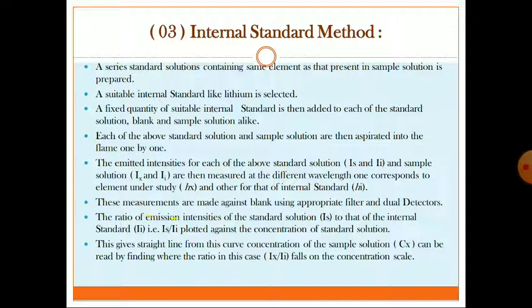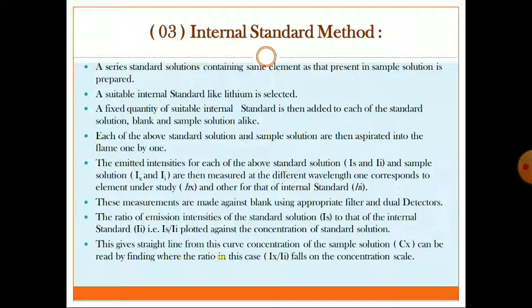These measurements are made against blank using an appropriate filter and dual detector. The ratio of the emission intensity of the standard solution IS to that of the internal standard II, that is IS upon II, is plotted against the concentration of the standard solution. This gives a straight line.